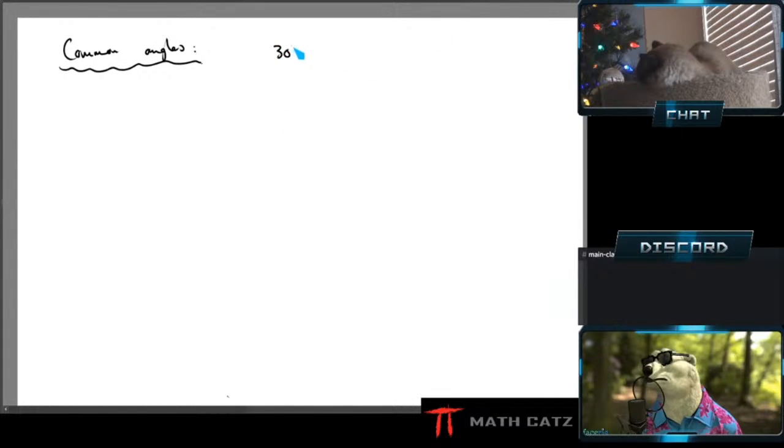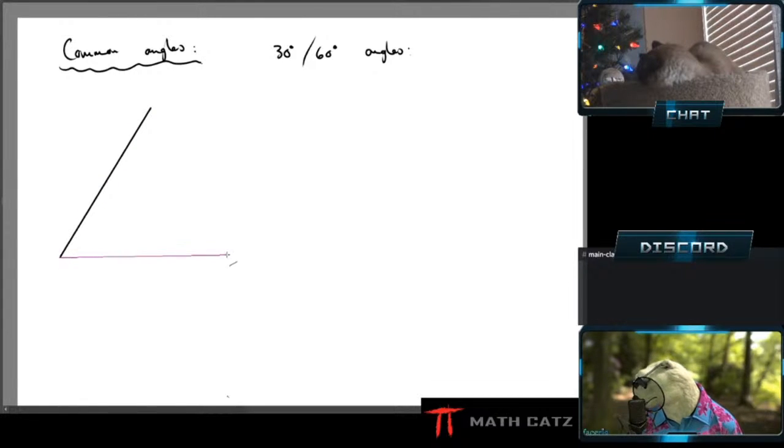So the first one is the 30 degree, 60 degree angles. 45 has its own procedure. What I'm going to do is start with an equilateral triangle. Now I'm freehanding this, so it might not look perfect, but I think this is pretty close.